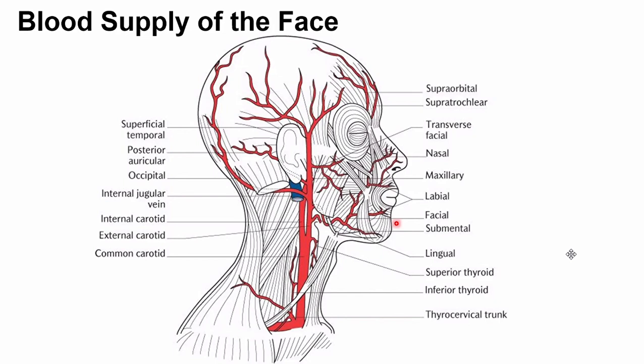So what did I say about the internal carotid artery earlier? We know that most of the arteries are derived from the external carotid. The supratrochlear and the supraorbital are branches of the ophthalmic artery, which arises from the internal carotid artery.